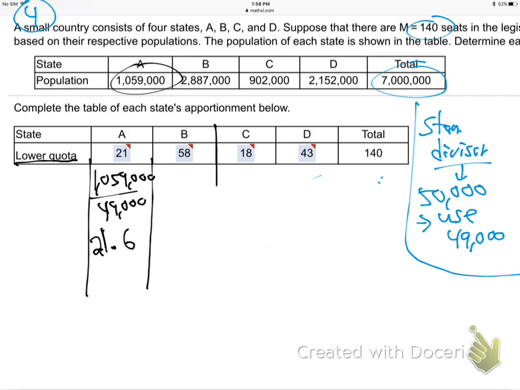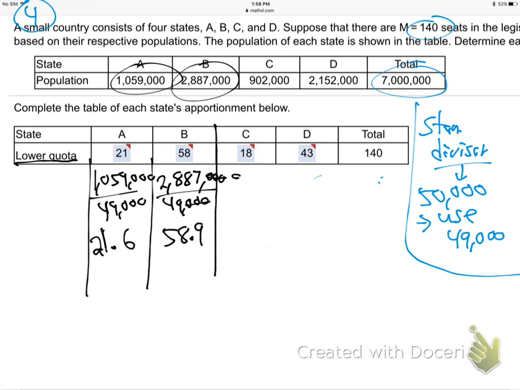Let's do the next one. Take their population, 2,887,000 over 49,000. Oh, you know what you can do to save time, guys? Just cut all the zeros at the end, right? Just skip these 3 zeros and these 3 zeros. It's the same number. Just go 2,887 over 49. Save a little bit of time. So I get 58.9.